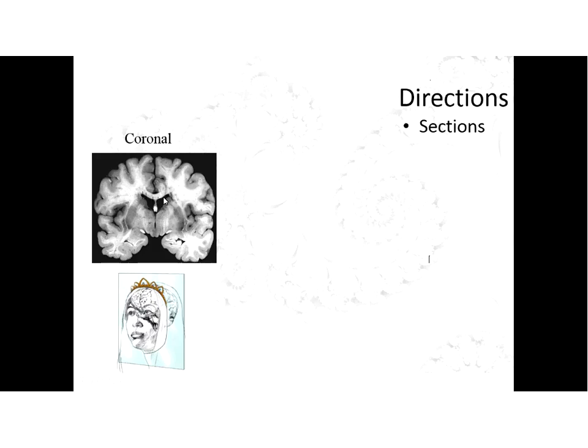To think about how coronal sections are cut, imagine a portrait of somebody wearing a crown, and that crown slides down and slices through the brain, and you get this coronal section. Here in this picture we can see this crown sliding down through the portrait, and after the face falls off you would see a coronal section of the brain, and one of the prominent features here would be the corpus callosum.